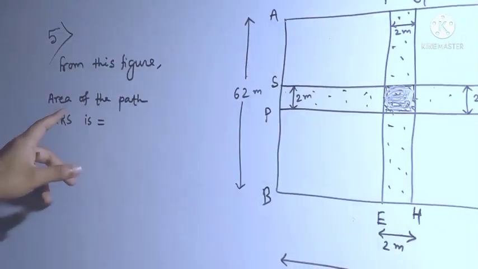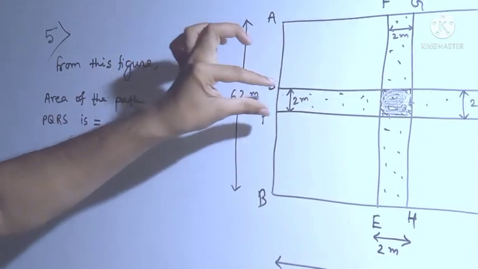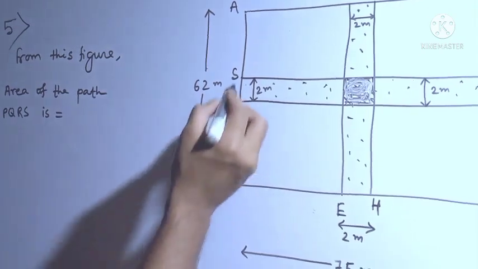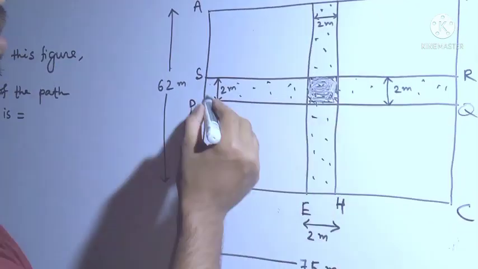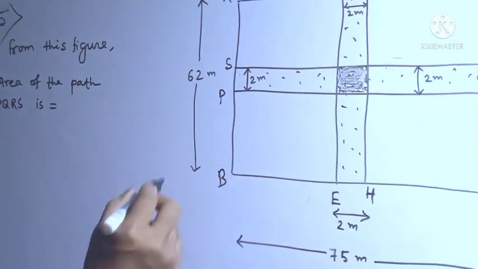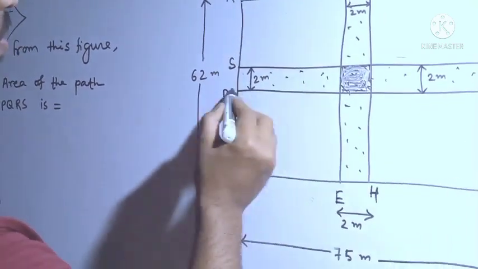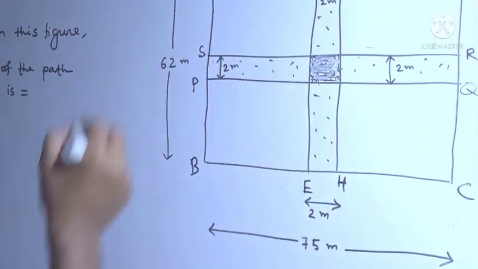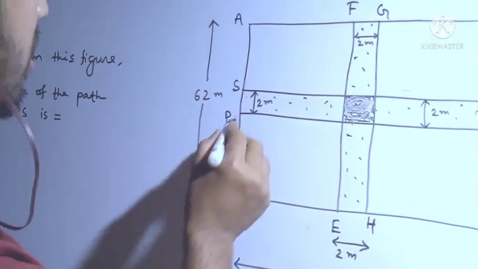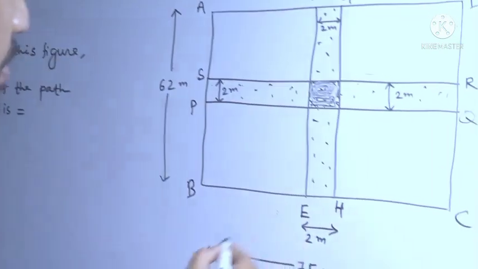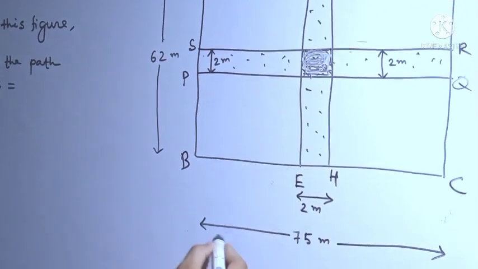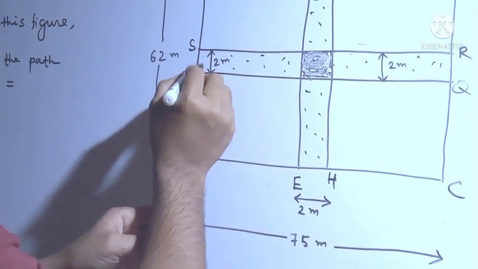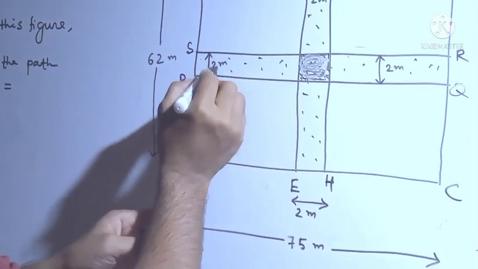So from this figure, area of the path PQRS, this portion, this path. Okay, this PQRS is actually a rectangle, which length is PQ, which is equal to the length of this total rectangle. That means which is equal to BC, that means equal to 75 meter, and breadth of PQRS is 2 meter, which is given, only 2 meter.